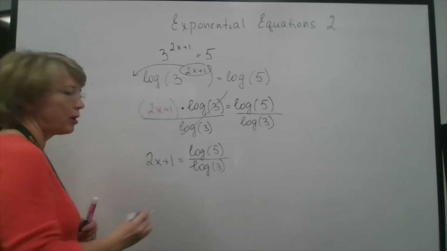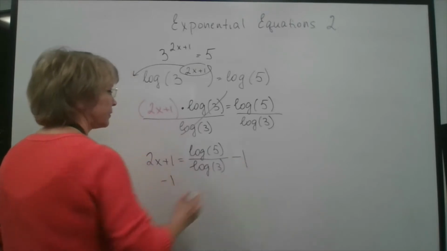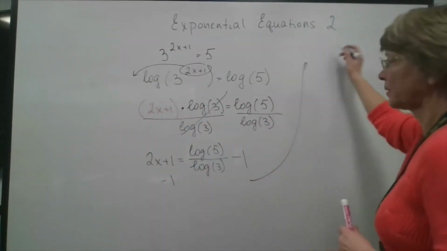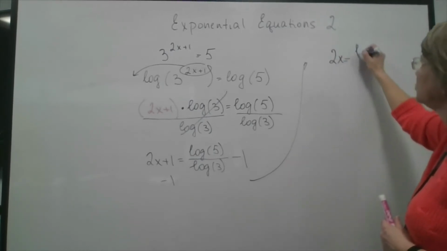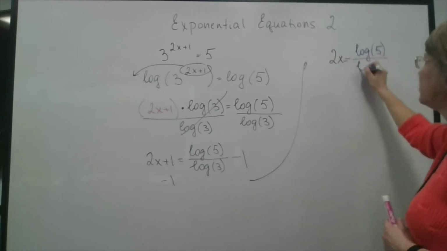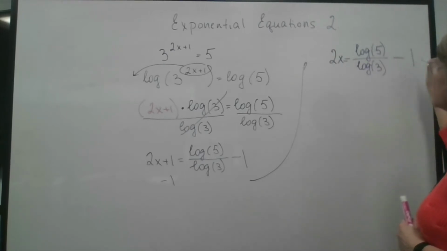The next step, we have to subtract 1 from both sides. So we will have 2x is equal to the logarithm of 5 divided by the logarithm of 3 minus 1.